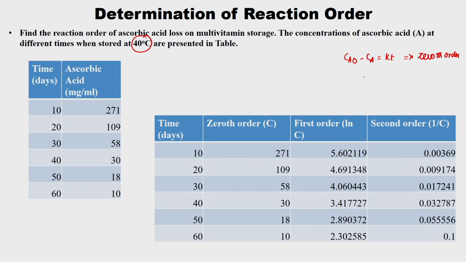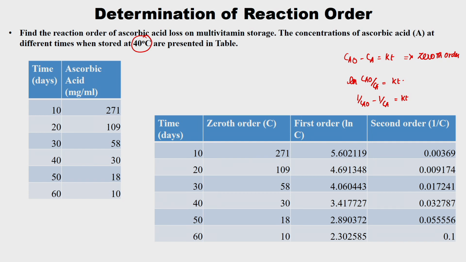For the first order, ln Ca naught upon Ca is equal to kt, and for the second order reaction, 1 upon Ca minus 1 upon Ca naught is equal to kt. So, we derive it in the way I have done in the previous slide.